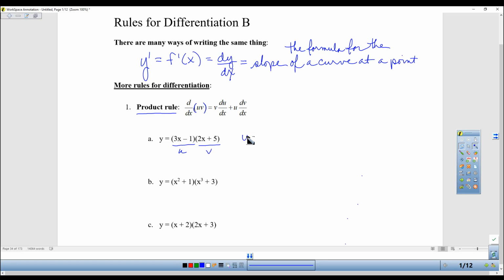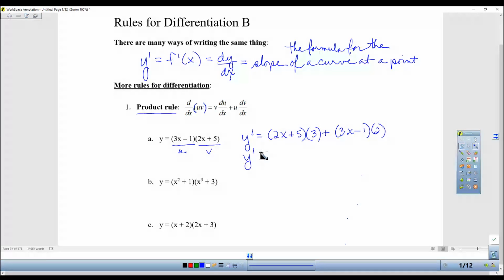So the derivative of the function is going to be using this formula, v, which is 2x plus 5, times the derivative of u with respect to x. So this is u. And if I take the derivative with respect to x, that means x is the thing you're doing things to. So plus u, which is 3x minus 1, times the derivative of v, which is 2.